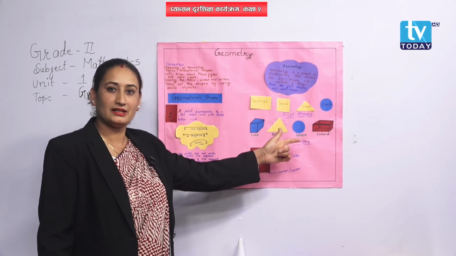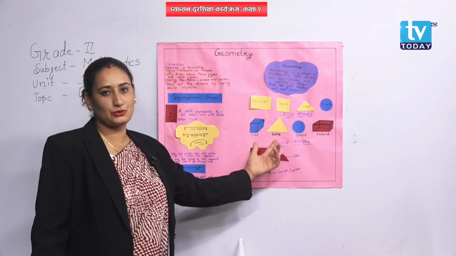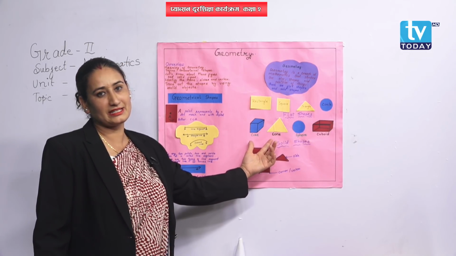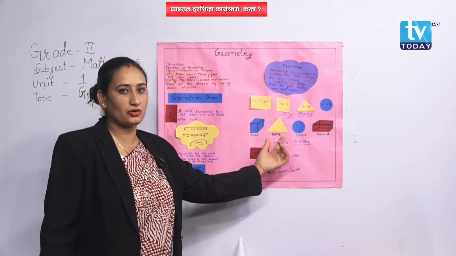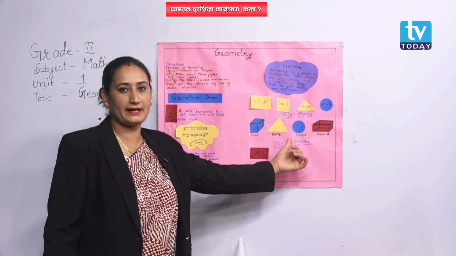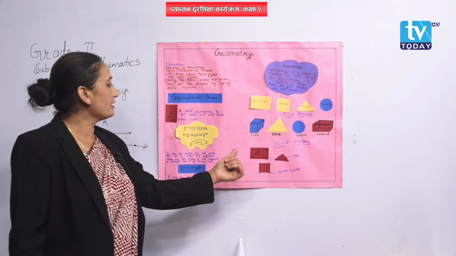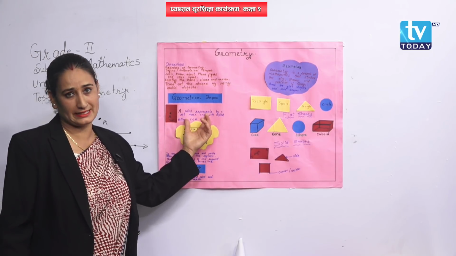Done. Then we did solid shapes. In solid shapes, what have we done? Cube, cone, sphere, cuboid, right? Good job. Then we moved to the geometrical shapes.